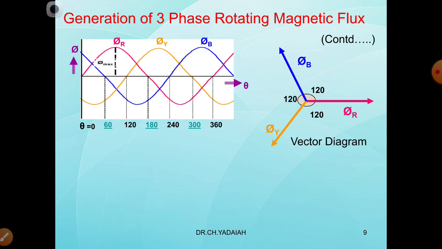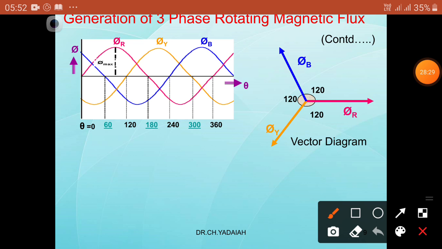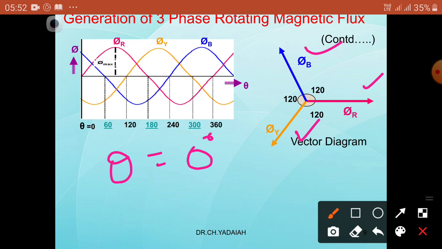Now take one angle so it is easy. At that instant, theta equal to 0 degrees initially, what are the values of the R phase, Y phase, and B phase magnetic fields? As we know, each phase develops its own magnetic field, but it is rotating at synchronous speed.